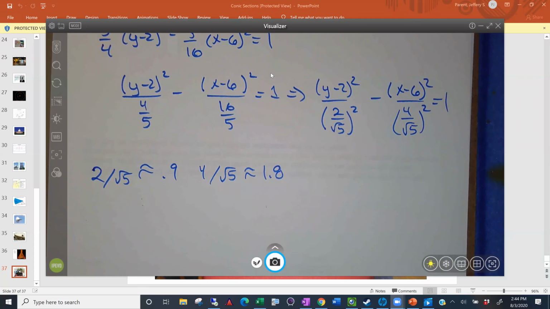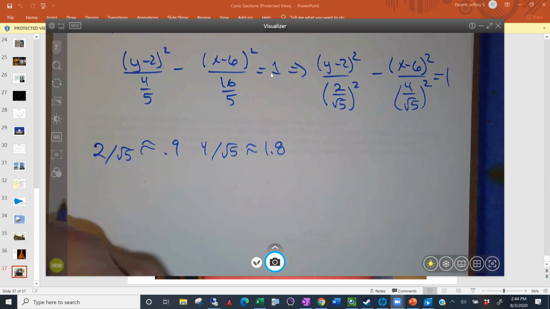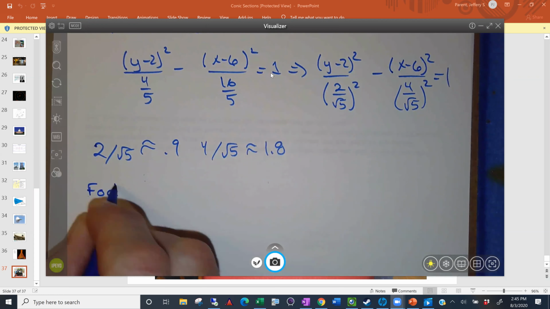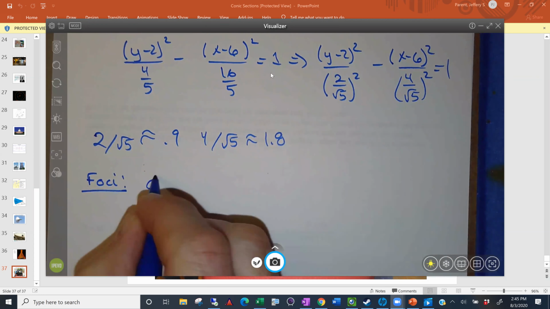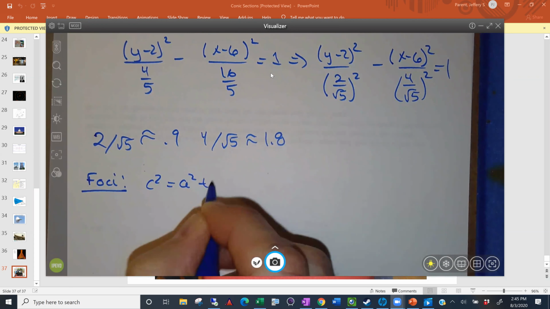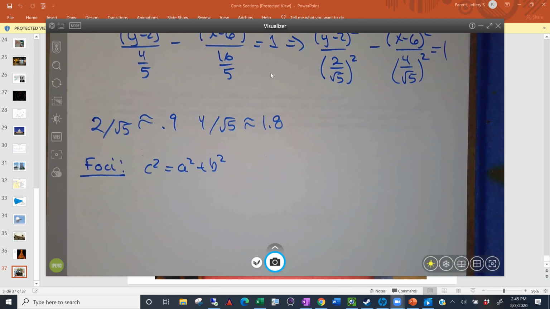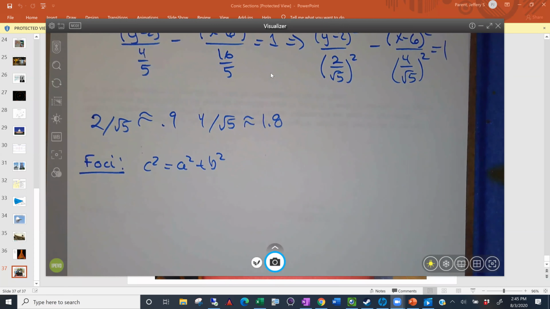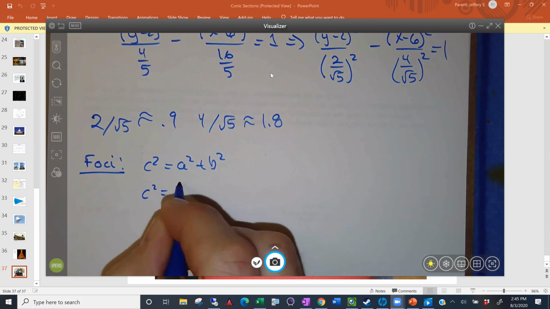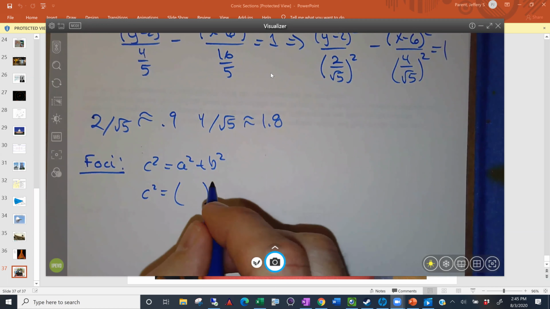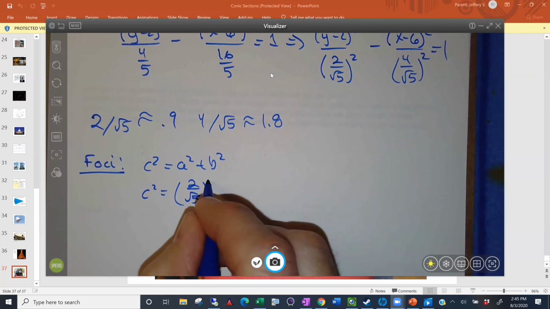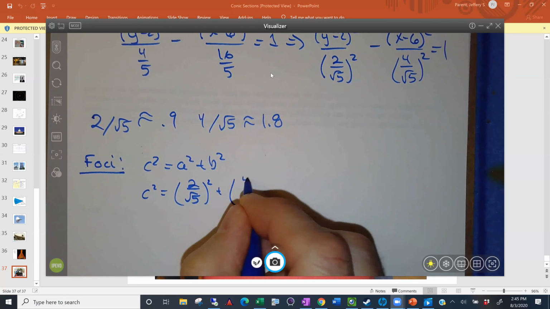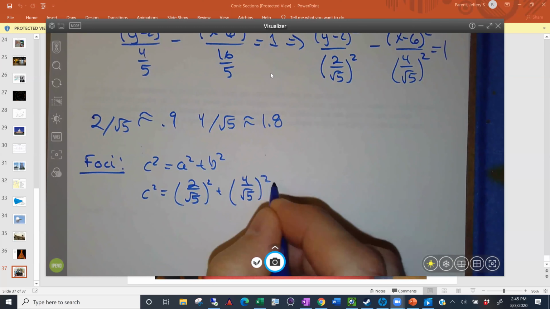Let's do something else while we're here, and that is find the foci. For this calculation, I need c squared equals a squared plus b squared. And I think you might be pleasantly surprised here. c squared is going to be 2 over square root of 5 squared plus 4 over square root of 5 squared.